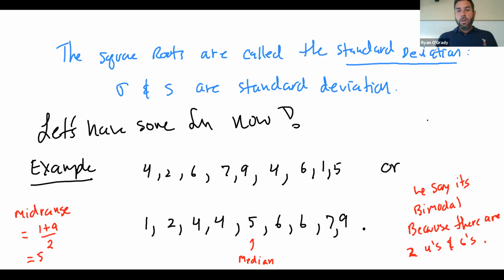Okay, so what do we want to do now? Let's compute the mean. The question is, am I computing a population mean or a sample mean? Since there's no context here, I guess it's up to you which you want to use, right? I didn't put these numbers in any context.